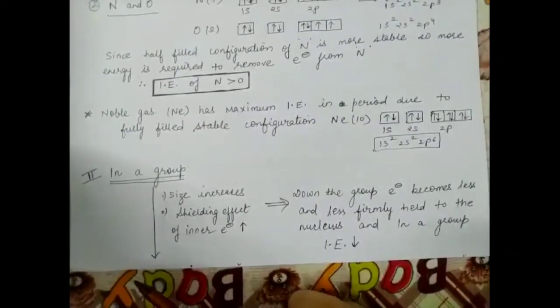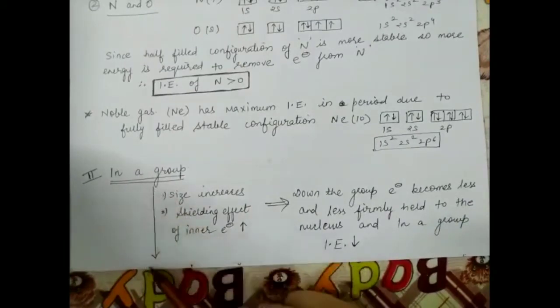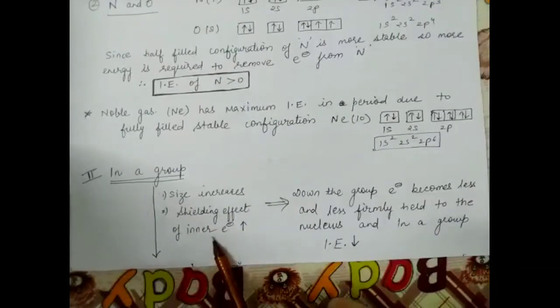What is the variation of ionization enthalpy in a group? Now it's very simple. As we move down the group, my atomic size increases, and the shielding effect of inner electrons also increases. And we have learned the shielding effect 2-3 times, that if the shielding effect is more, the nuclear attraction is blocked by the inner electrons. So nuclear attraction will not reach the outer electrons. And what will happen?